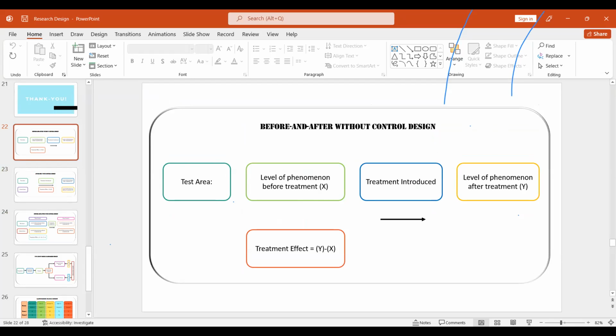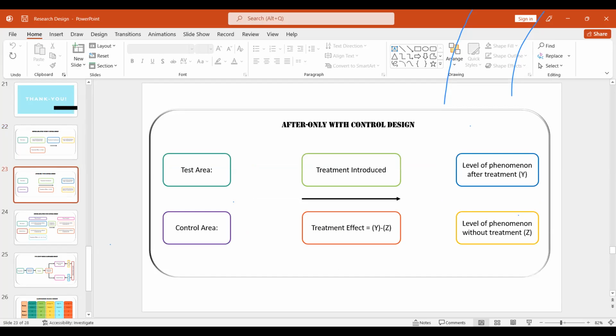The treatment is then introduced and the dependent variable is measured again after the treatment has been introduced. So the effect of the treatment would be equal to the level of phenomenon after treatment minus level of phenomenon before the treatment. So this design can be represented like this.